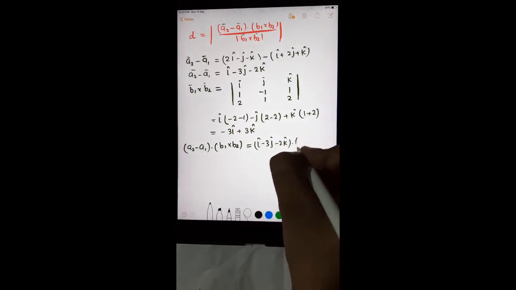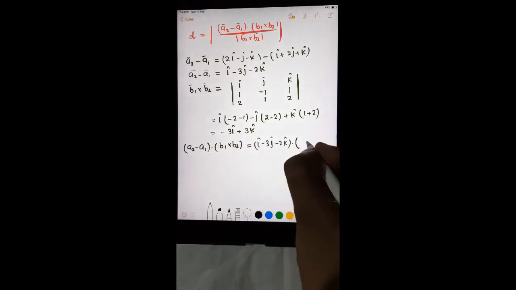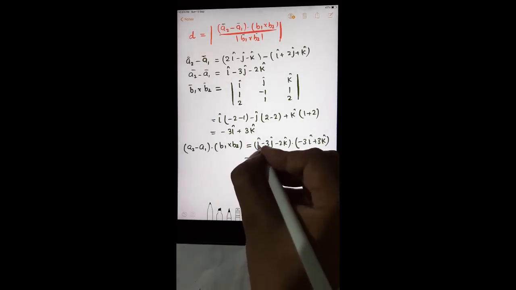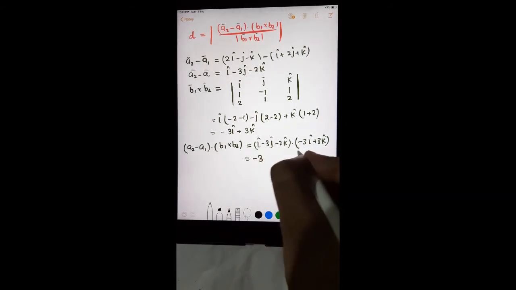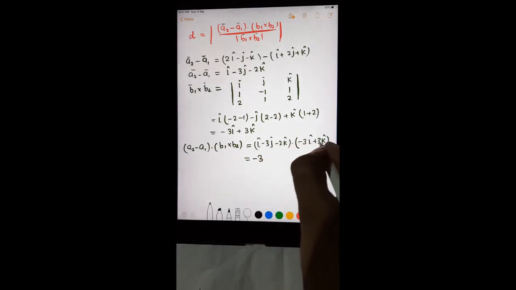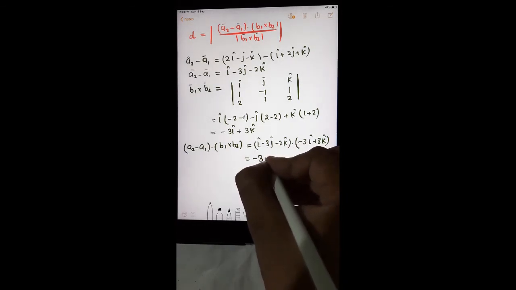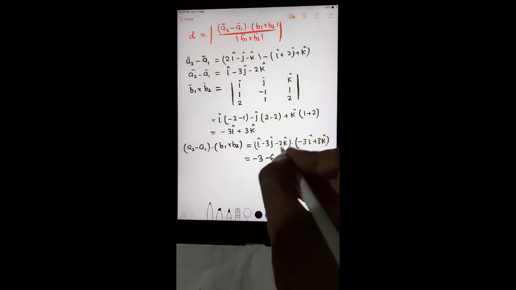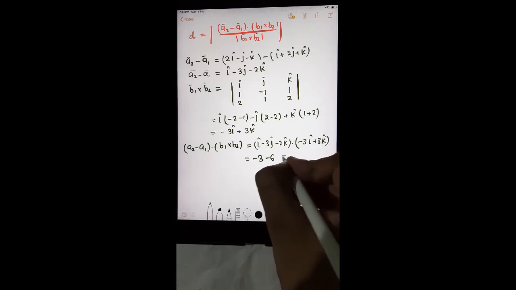We will find the dot product with this vector B1 cross B2, which is minus 3i plus 3k. So it is 1 into minus 3, that is minus 3, minus 3 into 0, that is 0, minus 2 into 3, that is minus 6. So we get here minus 9.